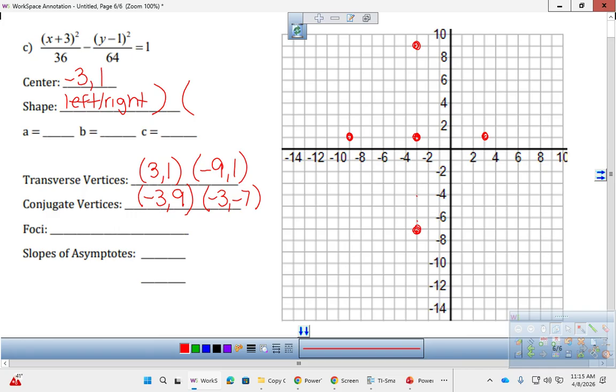All right, so I want to get this sketch, but to get an accurate sketch, I'm going to need asymptotes. So I'm creating this really big box for this one. It's because my radii are very big. And again, for you, it's pretty cramped because you don't have a lot of space on that graph.